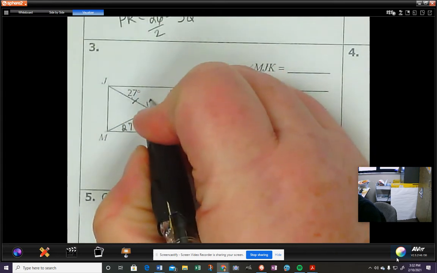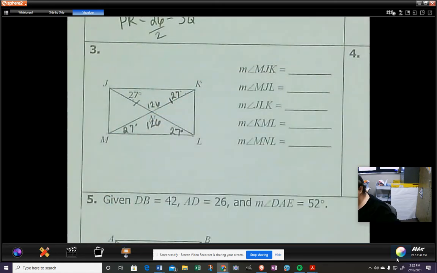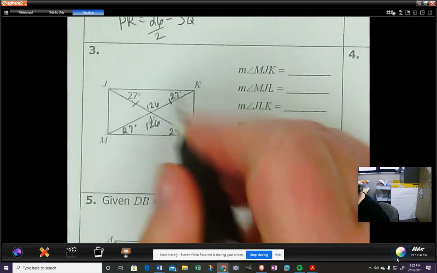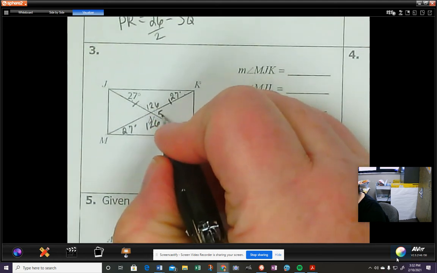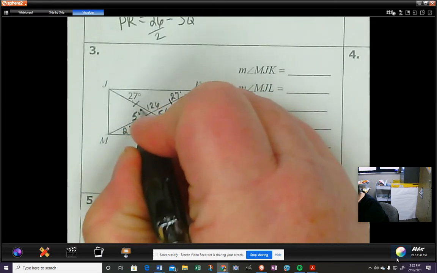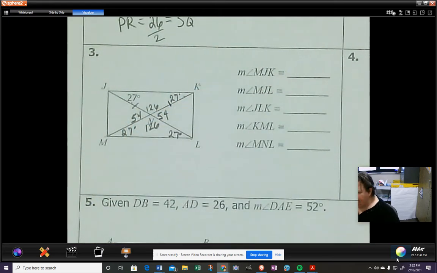So this angle is 126. Subtract that from 180. So 54 and 54. Right there, and this one would be 54. Is that correct? Yes.